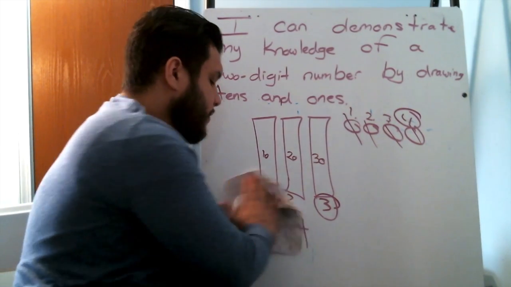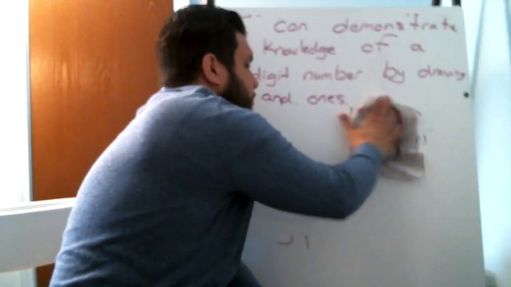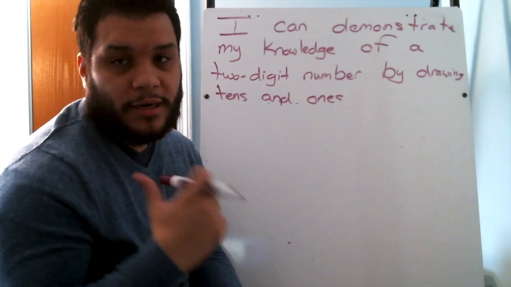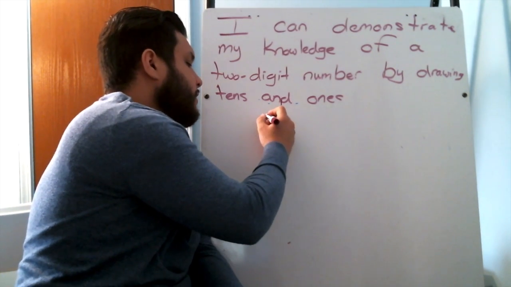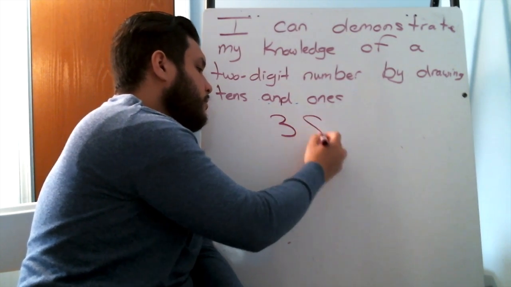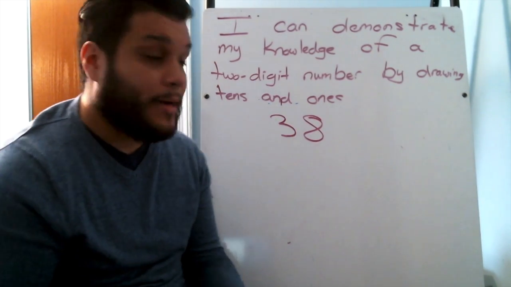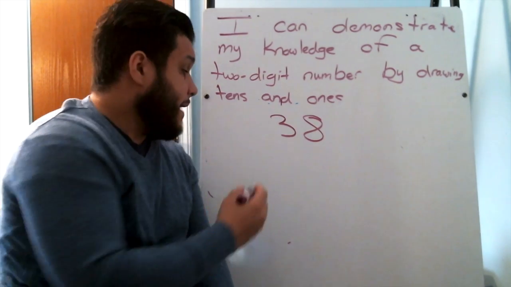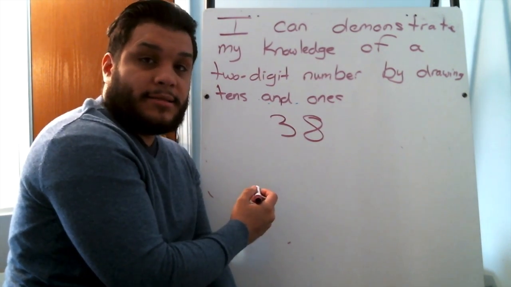Let's do one more. You guys are so smart. This one you're going to do on your own because Mr. Nieves helped you out with the previous one. Let me see if I can trick you. Okay. Am I going to draw my ones first or my tens? Yes, my tens. How many tens?